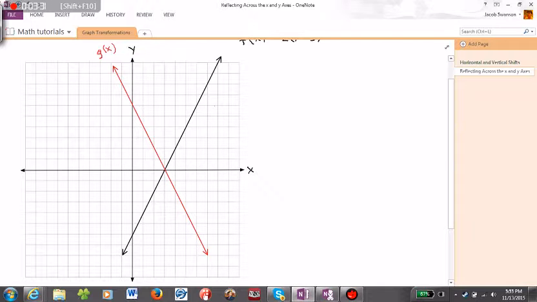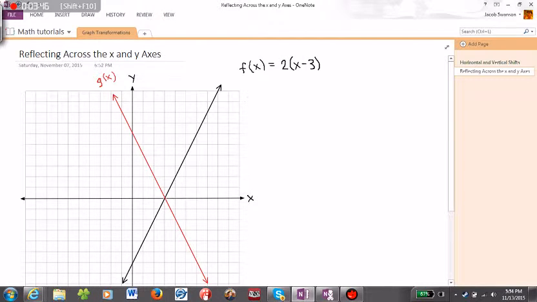So g of x has turned all of the positive f of x values into negatives, and all of the negative values into positives. That's as simple as a sign change.